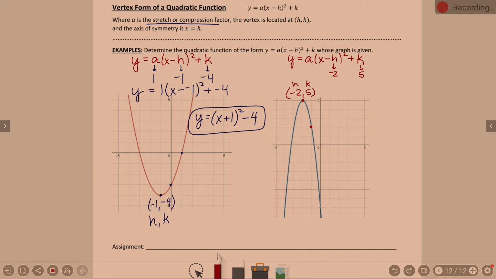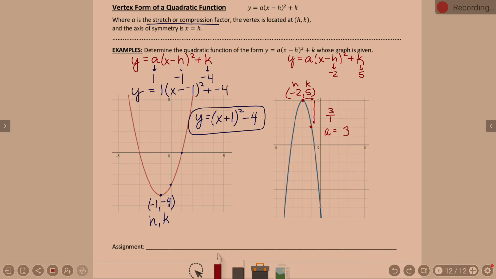It went farther than 1. You can actually use the idea of slope here: because we went over 1 and down 3, if you think rise over run, that is 3 over 1. And so we are going to have an a value of 3. If it's over 1 and 2 to get to your first point, then a is 2. If it's 3 to get to your first point, a is 3. However many. Obviously, if it's less than 1, those are the fractions.